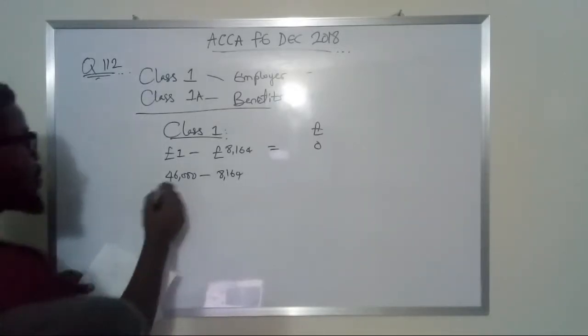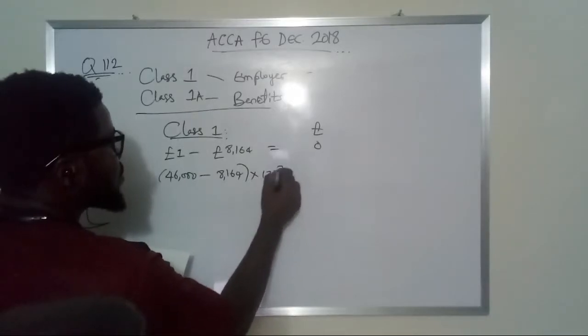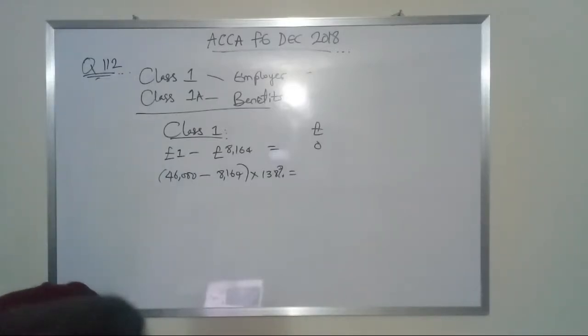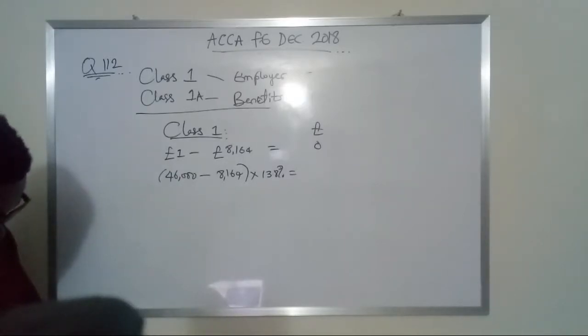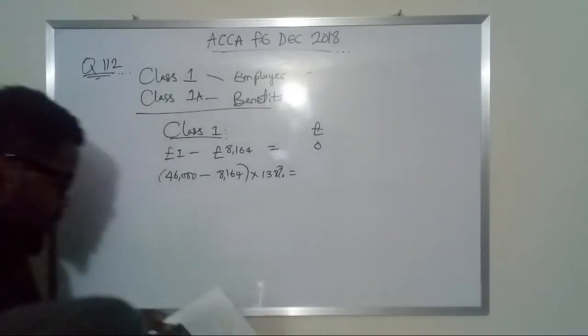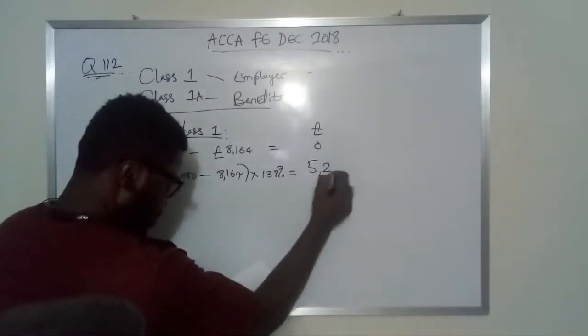Okay, 8,164 times 13.8%. So this is 46,000 minus 8,164 times 13.8%, and this is 5,221.